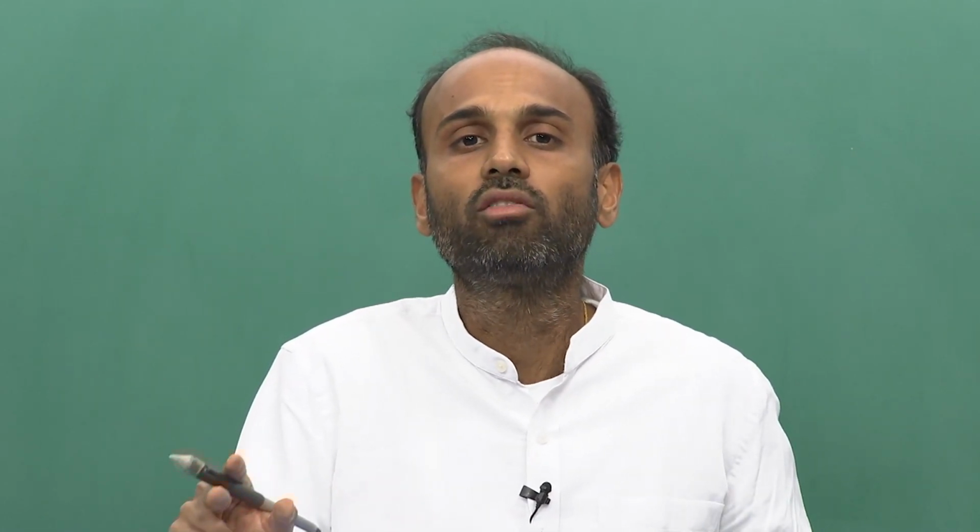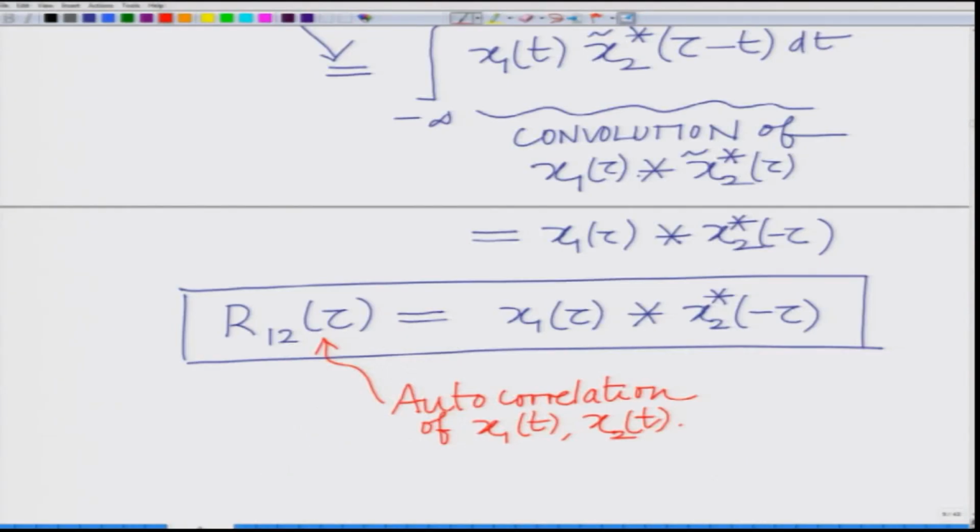And this correlation is an important measure because it is a measure of the degree of similarity between x1 and x2 for a lag of tau. It has a lot of uses, as we are going to see later in our study of communication systems.